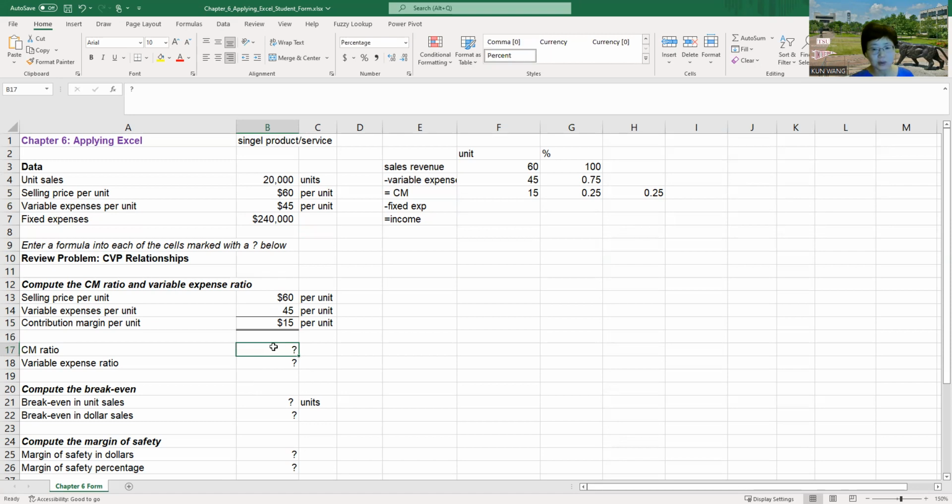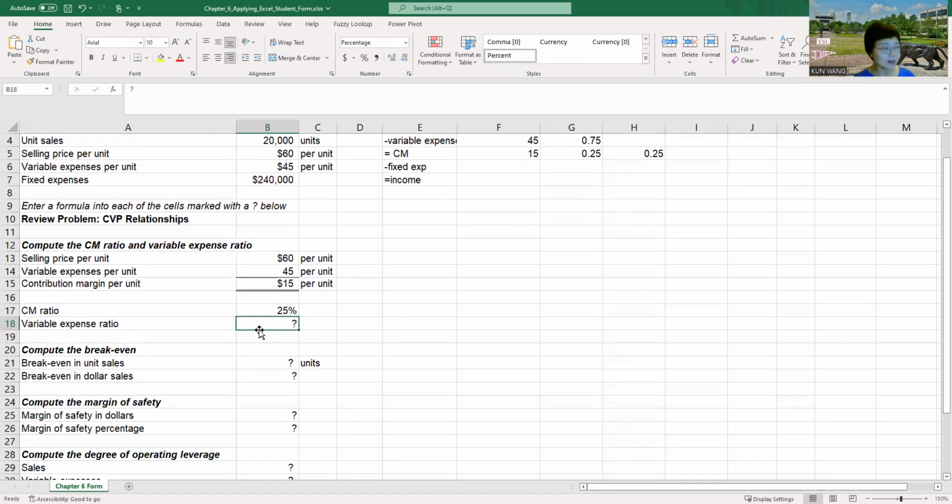So now doing here, the CM ratio will be 15 divided by 60. And the variable expense ratio will be 1 minus the 25%, or I use 45 divided by 60. Use referencing to the sales we set up. So that's a better way.